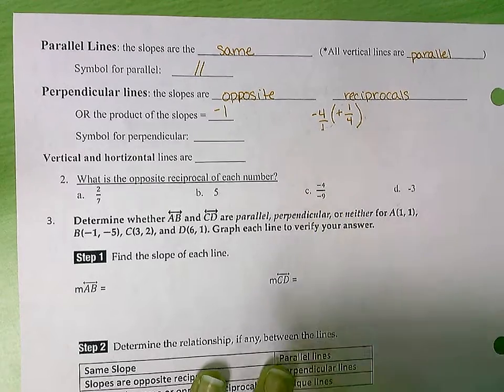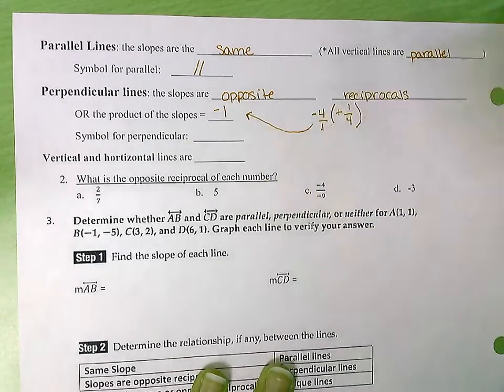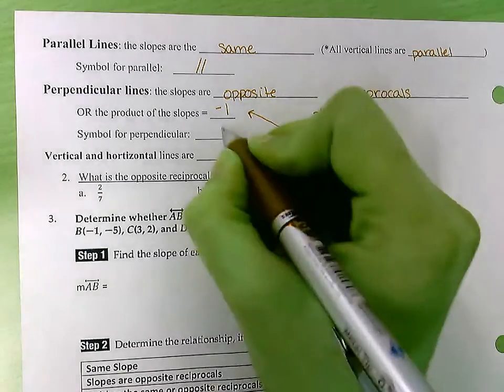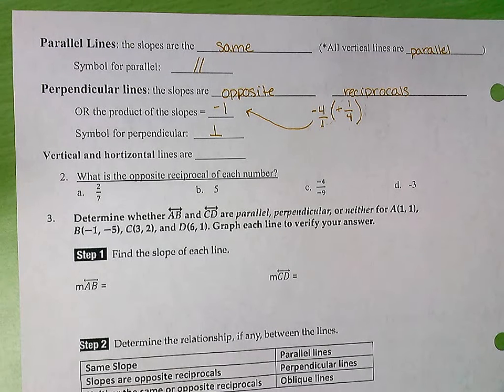Now if I were to multiply those two together, I'd end up with -1. So you can check that you got the correct perpendicular slope. If you multiply your original by the one you got, you should get -1. Okay, it's a good way to check. Now your symbol for perpendicular, again, is an upside down T. Okay, so those segments perpendicular.